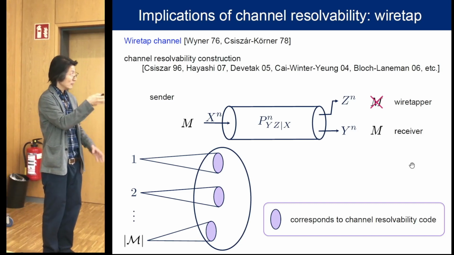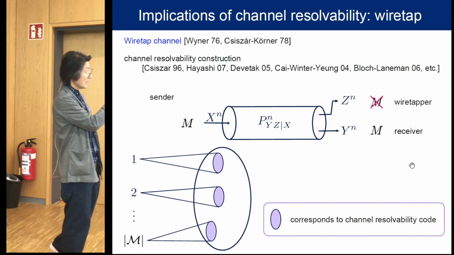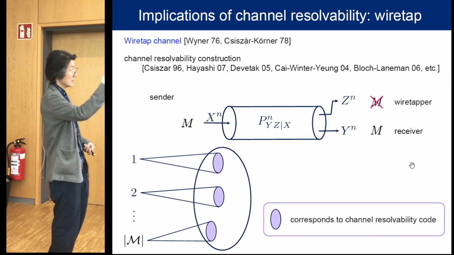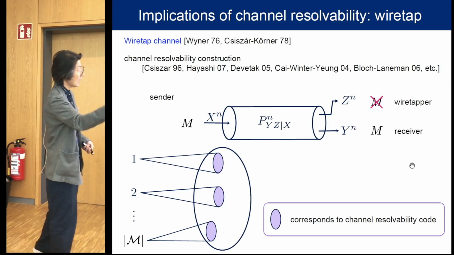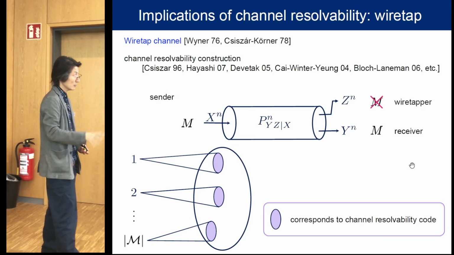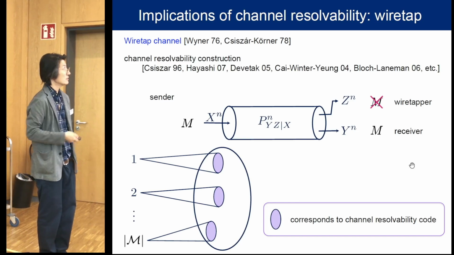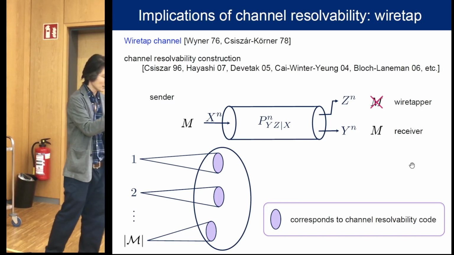So no matter which message sender sends, wiretapper observes Zn that is distributed according to the same target distribution and cannot get any information. That's the rough idea why this channel resolvability is useful for wiretap channel.